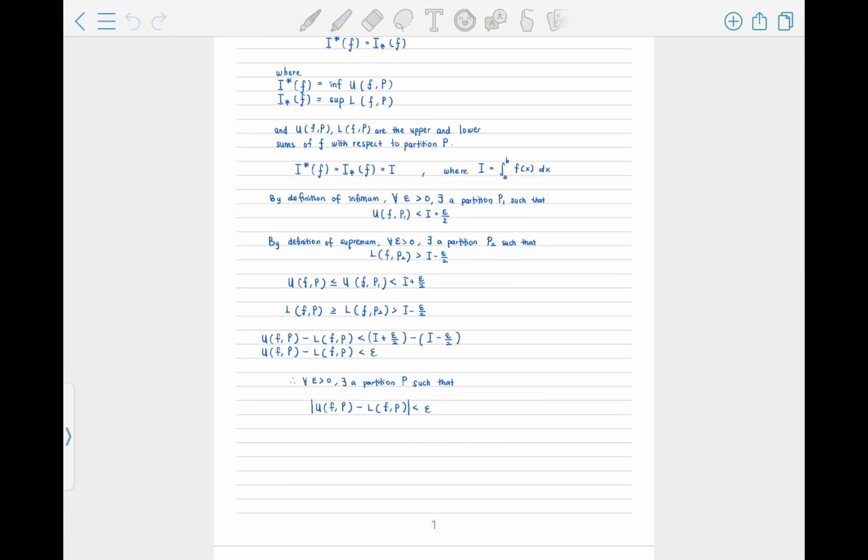Therefore, the difference between the upper and lower sums is less than I plus epsilon over 2 minus (I minus epsilon over 2), which simplifies to epsilon. So we have shown that for every epsilon greater than 0, there exists a partition P such that the difference between the upper and lower sums is less than epsilon.